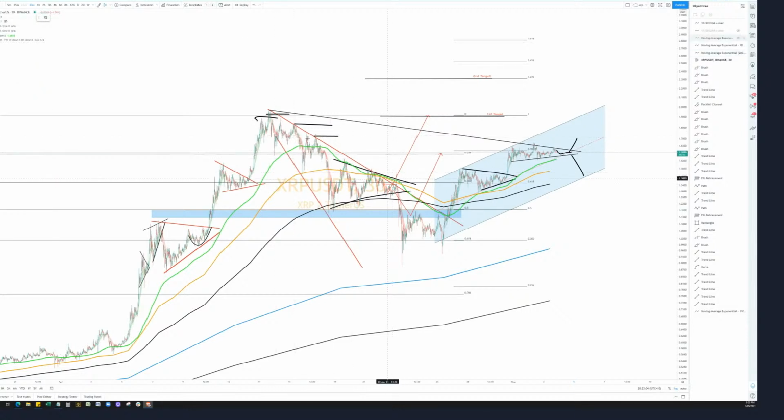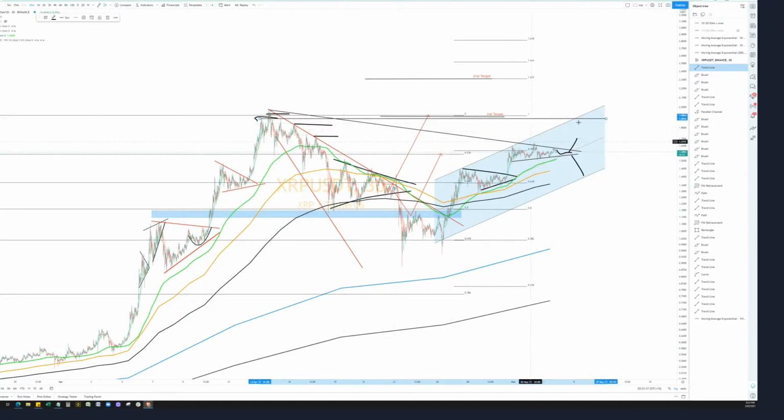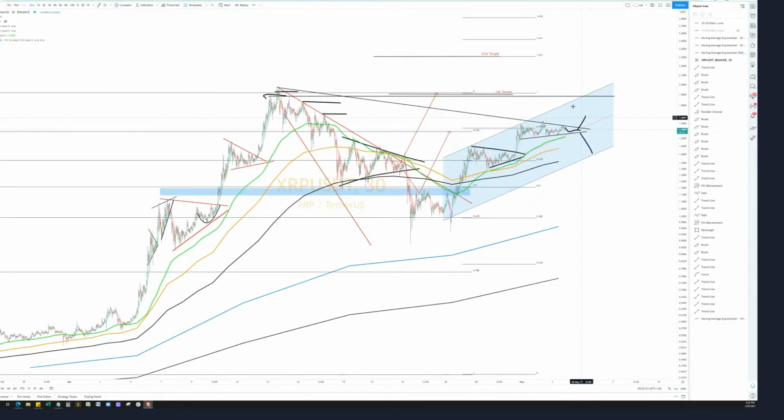So yeah, the targets are pretty clear. I mean, that level is probably where the target is, top of this channel as well. So if this breaks up, it makes sense that all-time high is sort of equivalent to the top of this channel.